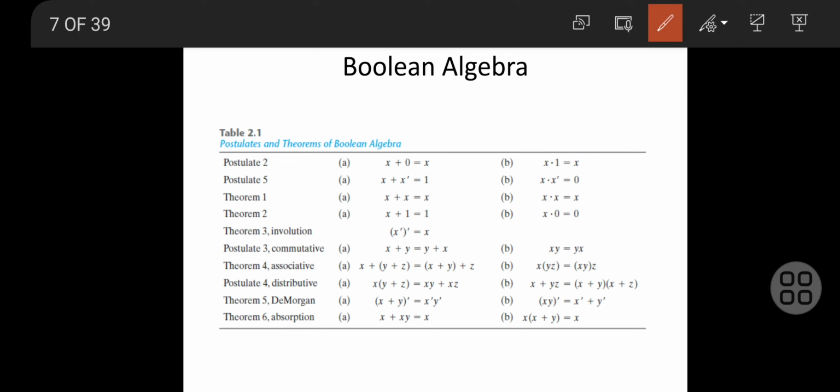The next is the commutative property: x plus y is equal to y plus x. Remember one thing, you're talking about Boolean algebra. That means your input is 0 or 1 and your output is also 0 or 1. So in Boolean algebra, x plus y will be equal to y plus x.